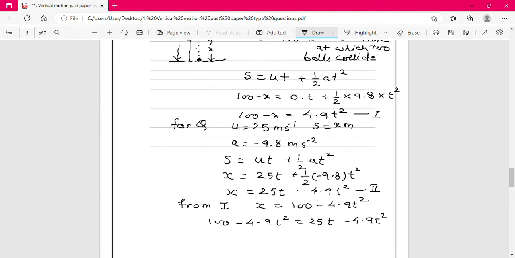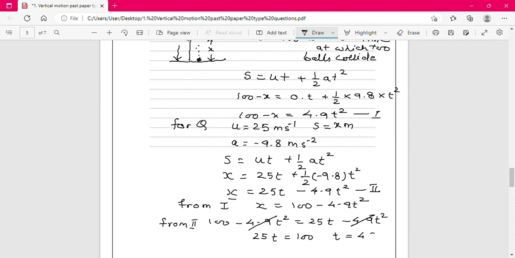This is from equation 2. So whatever x we have got from 1 in terms of t, I am substituting in equation 2. So on both the sides 4.9 t square cancels. So 25t is equal to 100. So t is equal to 4.